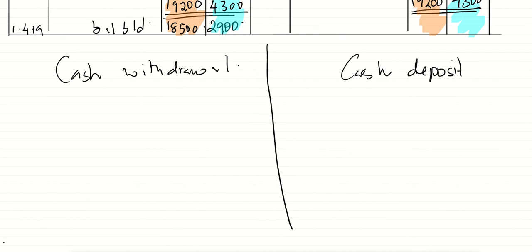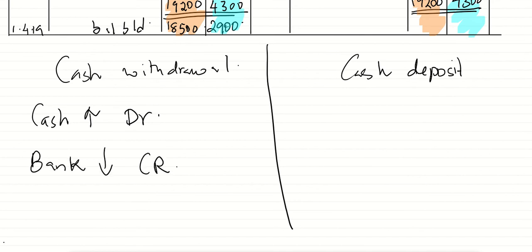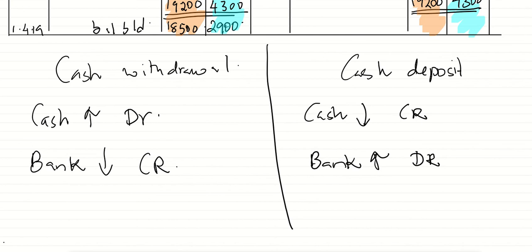When you withdraw cash from your bank, your cash value increases, therefore you debit cash. Your bank value reduces because you are taking it out from your bank, therefore bank credit. Cash deposits, your cash value reduces because you are depositing your cash, therefore cash credit, and your bank value increases, therefore bank debit. So in both of these situations, we call this a contra entry, which we represent as C in a two-column or three-column cash book.